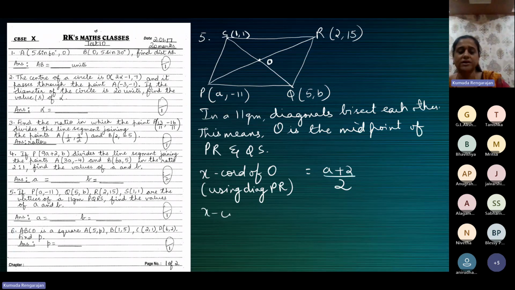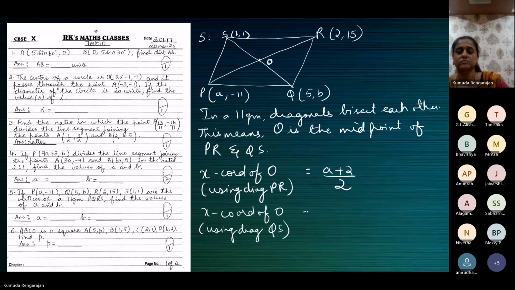What is the x coordinate of O using diagonal QS? O is the midpoint of QS. So x1 plus x2 by 2: 5 plus 1 by 2, which is 6 by 2, which is 3.